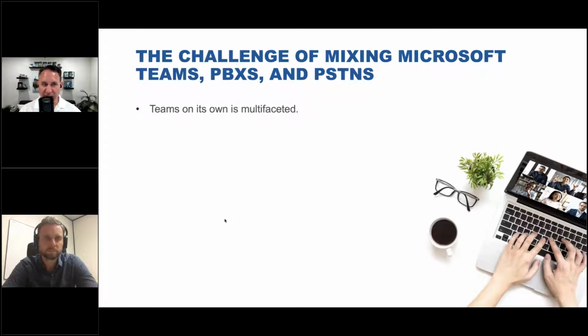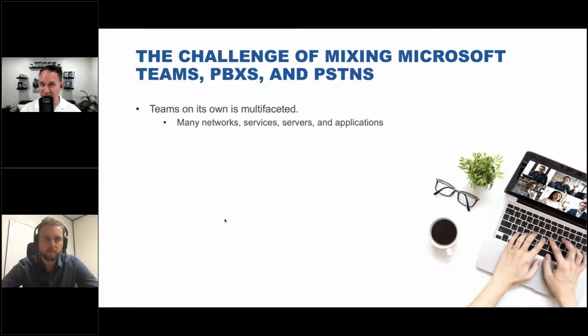And when we're thinking about Teams on its own, it's already multifaceted in a lot of ways. Hopefully you're not new to Teams, so you already know that it involves a number of different services under the hood. There isn't really a standalone Teams service, but underneath you've got OneDrive, you've got SharePoint, you've got Exchange. There are a lot of different facets within Office 365 or the Microsoft 365 platform that in sum total make up Teams.